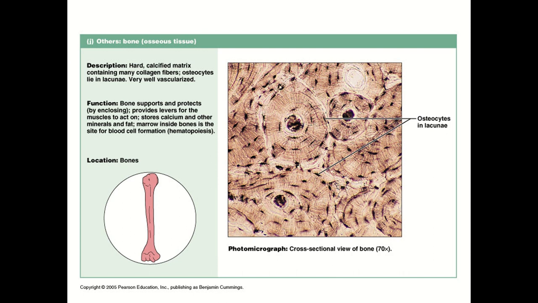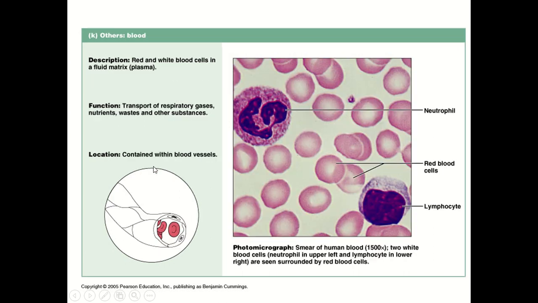The bone marrow is the site where the blood cells are formed, and the location, of course, is inside the bone. Blood actually refers to the red and white blood cells inside the plasma.